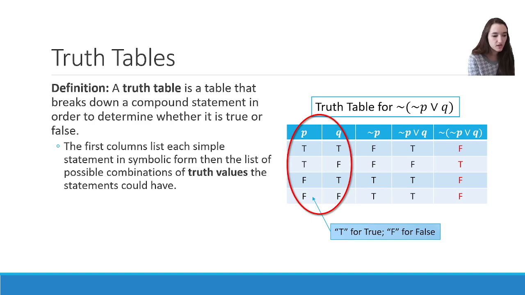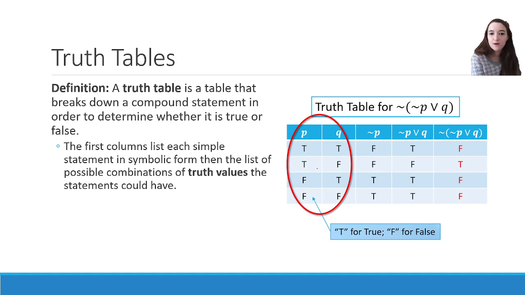The first columns list each simple statement in symbolic form, then the list of possible combinations of truth values the statements could have. So here we have P, Q. We write down T or F to represent true or false, right? Now notice that I have P being true twice, and then false twice.